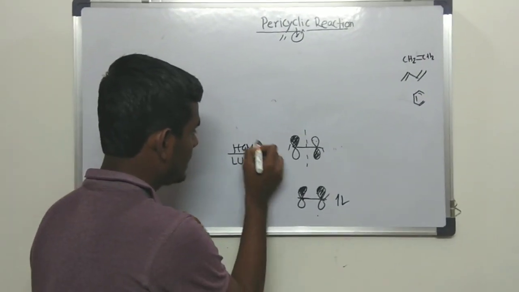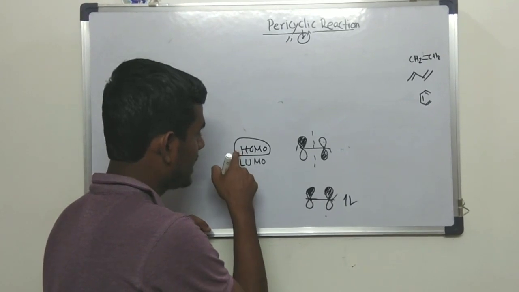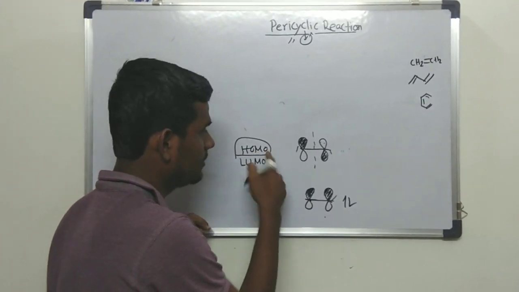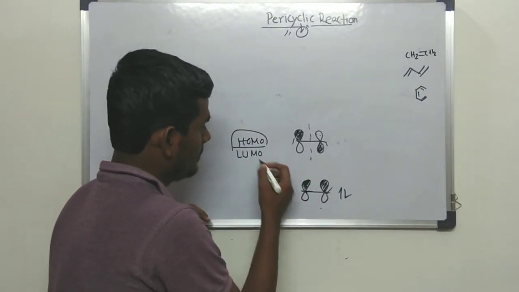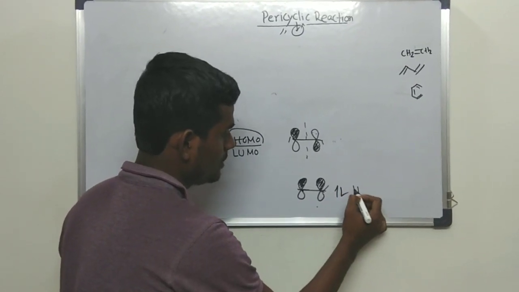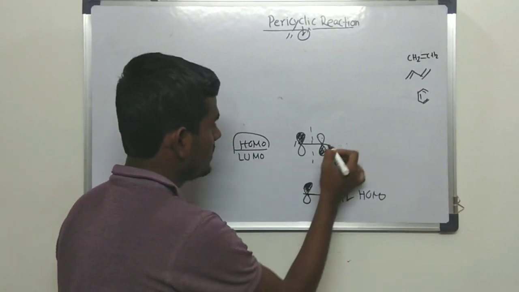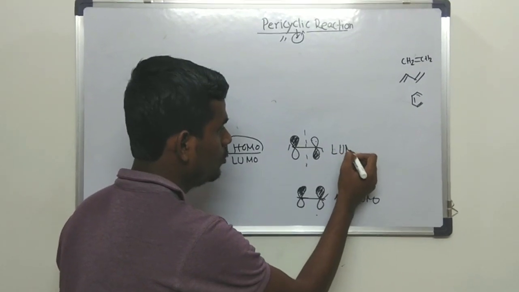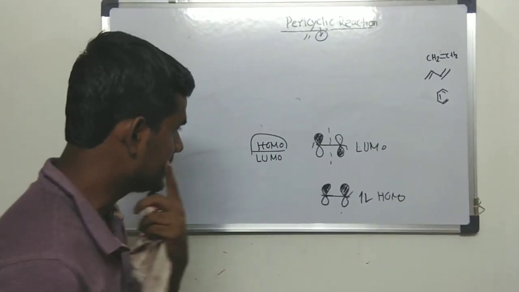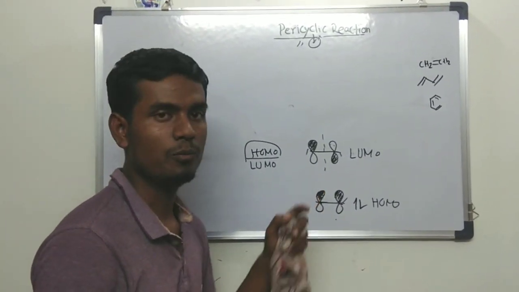The term itself defines it. My highest occupied is here, so it is HOMO, and this is unoccupied, so it will be called LUMO. It's basically easy to understand, HOMO and LUMO.